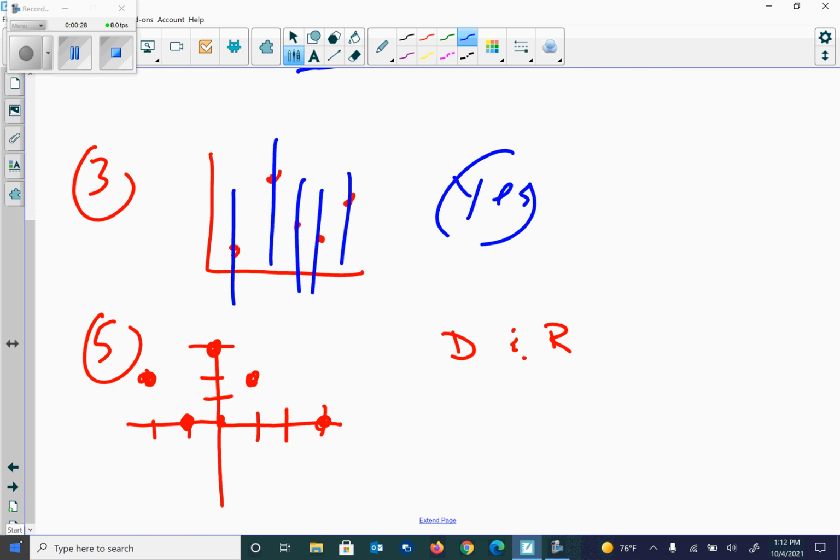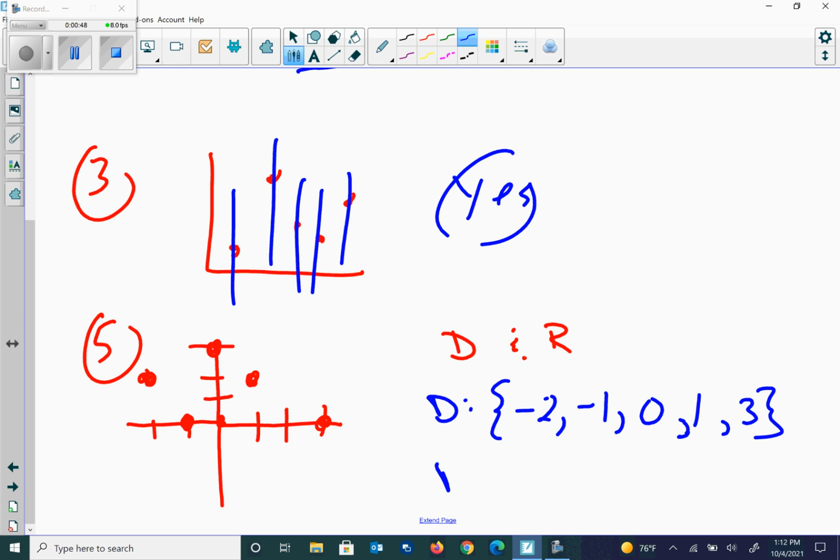Number 5, they want us to talk about the domain and range. Okay, so the domain, we're going to list from left to right the x values. So I get -2, I get -1, I get 0, I get 1, and I get 3. My range are my y values.